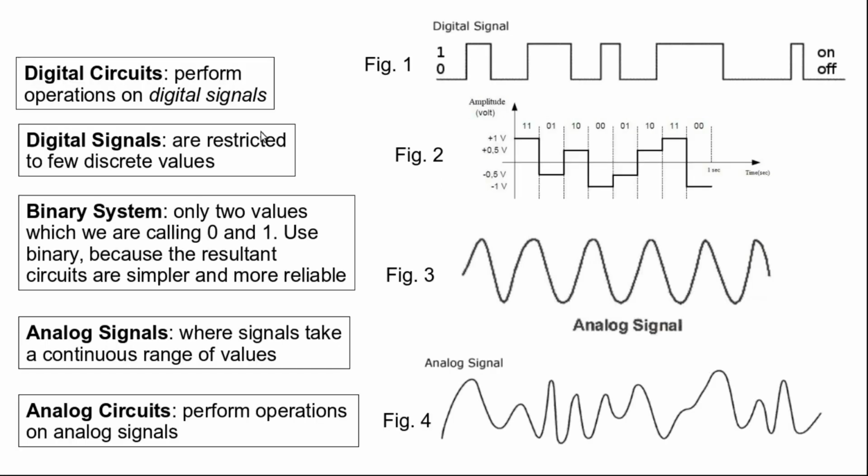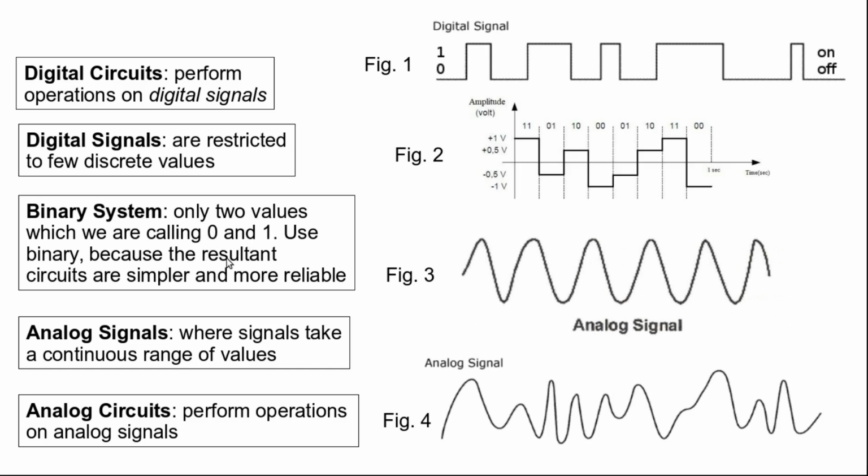Now one type of digital circuit is your binary system, where we allow only two possible values, let's say 0 and 1. For example, this is a binary signal because we have only two possible values, 0 or 1. Now why do we use the binary system?